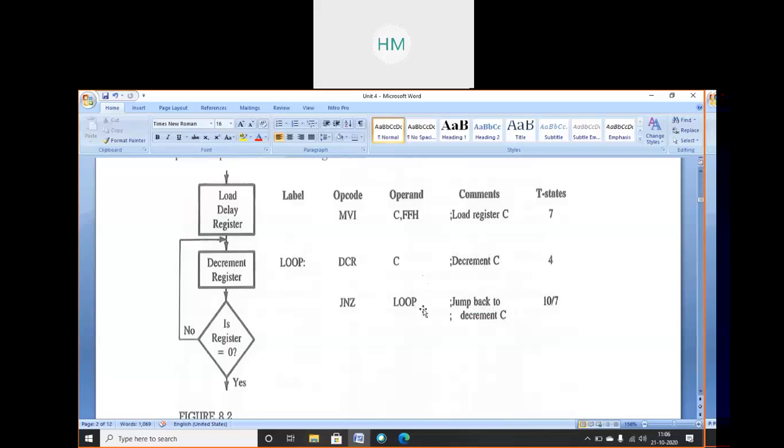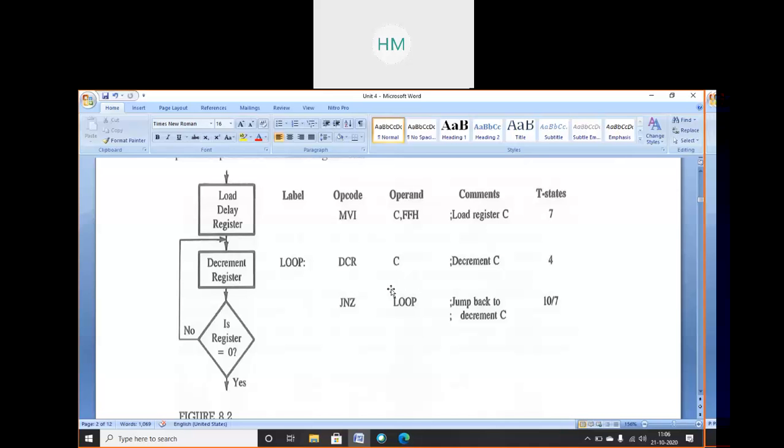DCR C in the loop. DCR FF was there, FE hex happened, then JNZ, jump if not zero. Until it becomes zero, it will continuously move up in the loop. So it will require 10 T states. The smaller value is applied when the condition is not met.